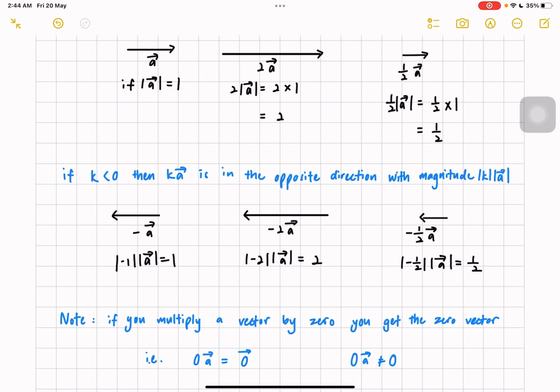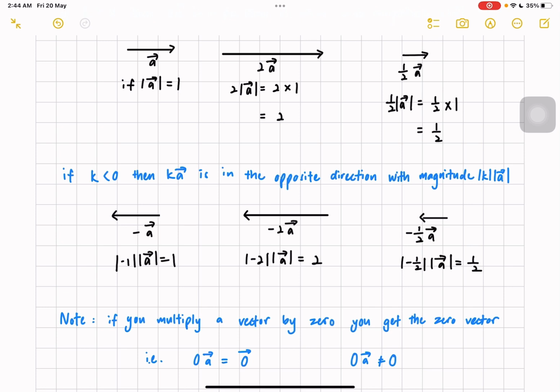So if you want to find negative vector A, all we have to do is multiply -1, take the absolute value, and multiply it by the magnitude of vector A, which we will get 1. And the same goes for -2 vector A. All we have to do is multiply -2, take the absolute value, multiply by the magnitude of vector A, which we will get 2.